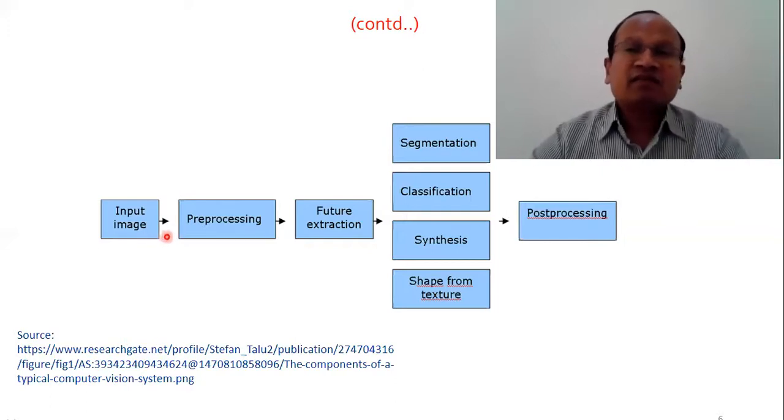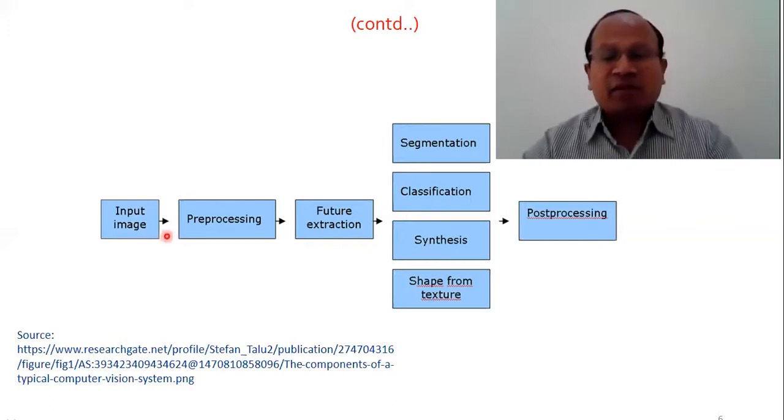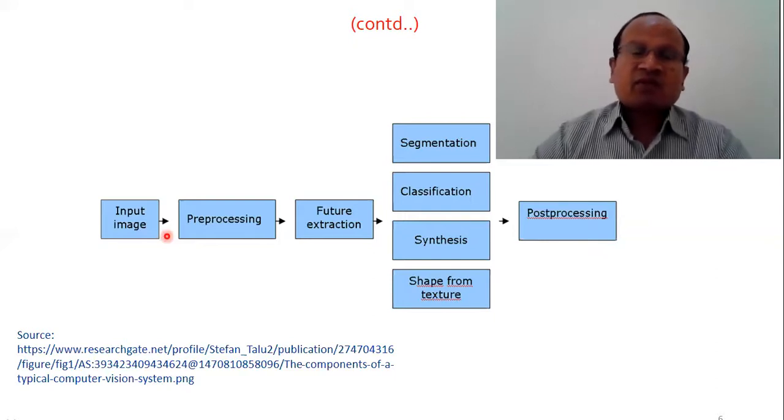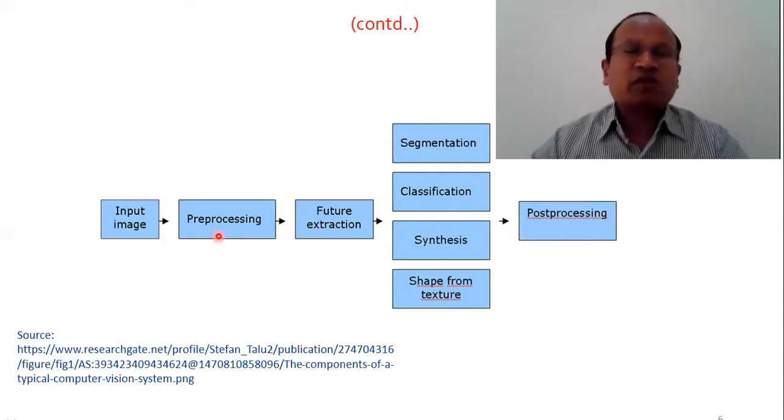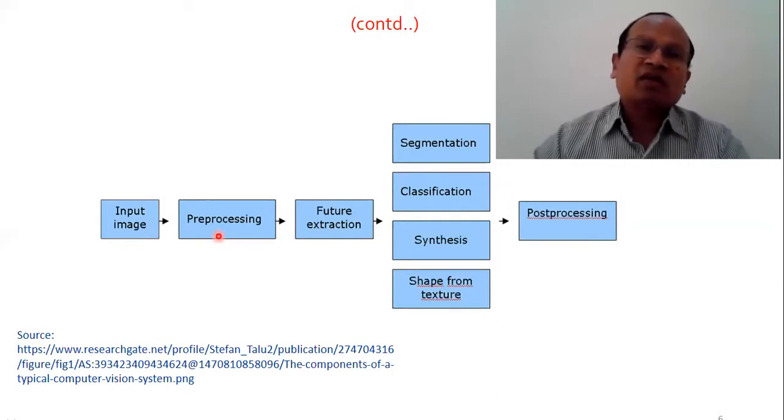When the computer vision system reads an image, it goes to pre-processing, because we can talk about any example, say a driverless car which is capturing real-time data. Maybe the road conditions are not very good. The environment is hazy. It's raining.